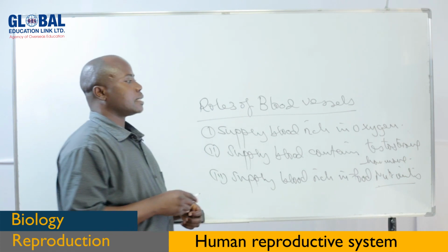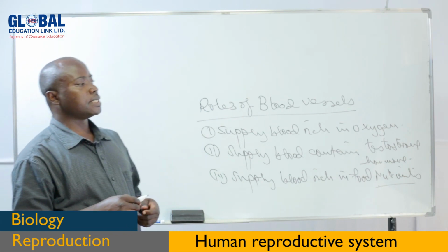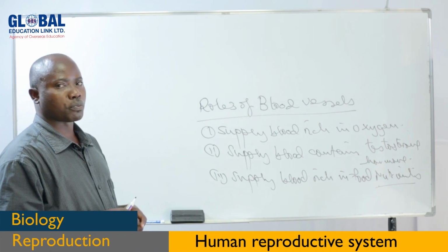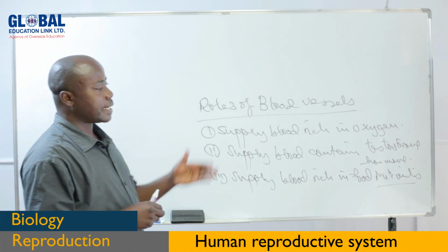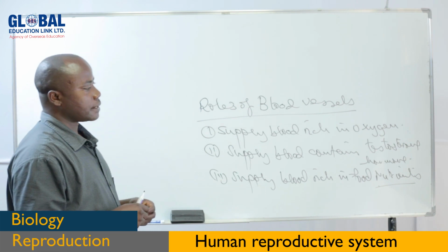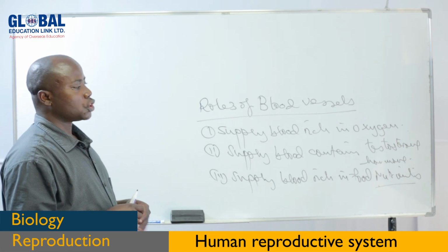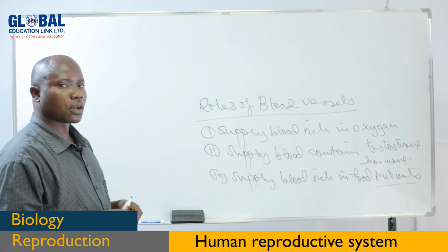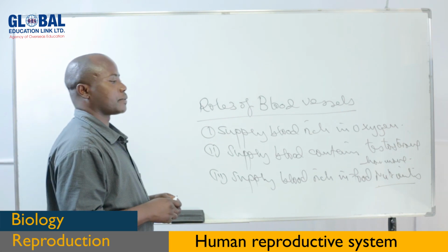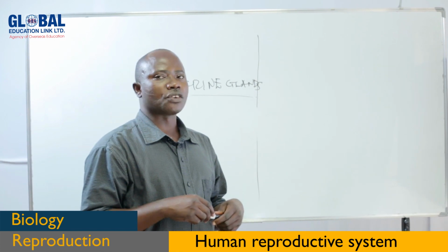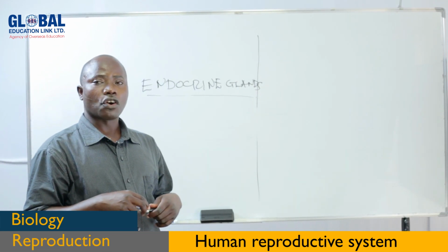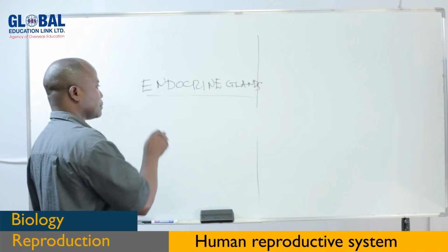For that case, the blood vessels present in the testicles have this important function to perform, that they enable these necessary substances to enter into the testicles for proper development of the spermatozoa. The testis is an endocrine gland producing an endocrine hormone known as testosterone.